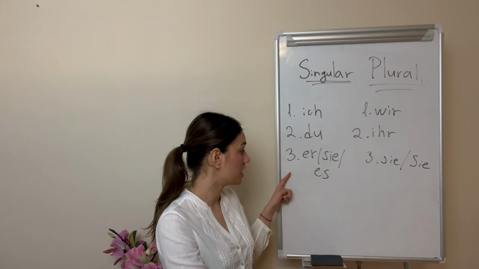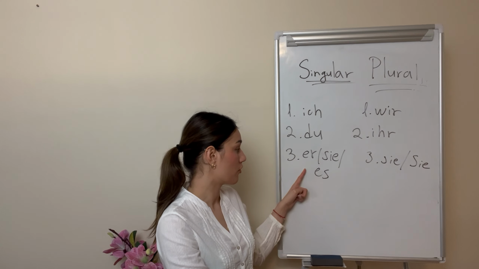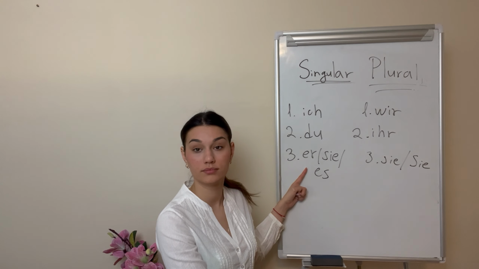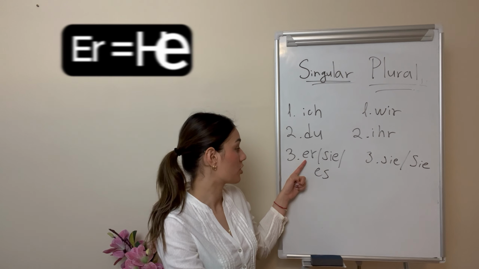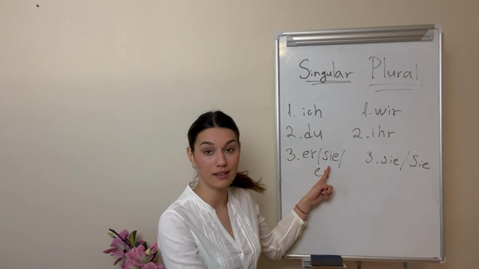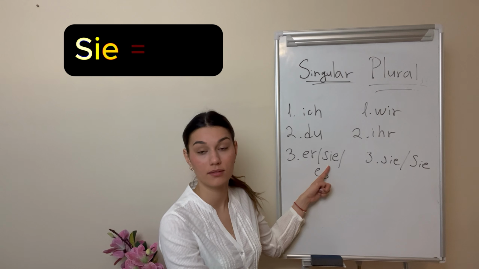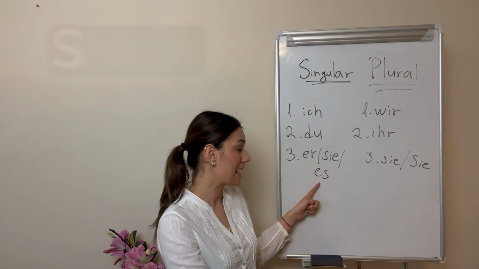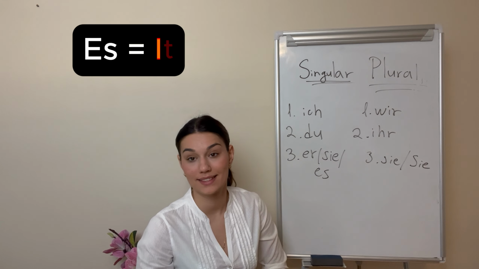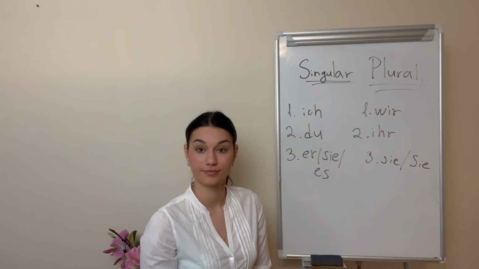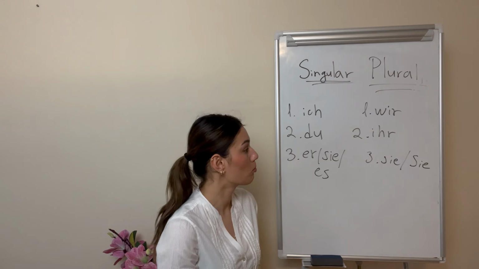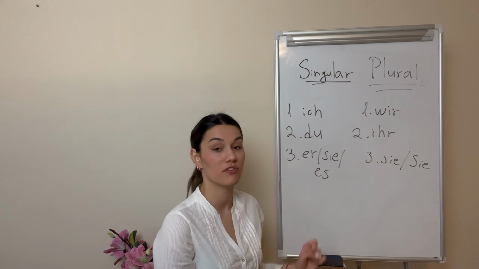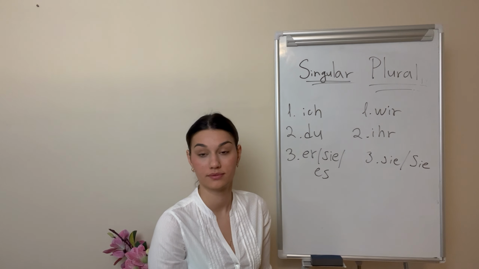Third person, here we have three forms. Repeat after me: er, for he; sie, she; and es, it. And now plural form. Here we have wir.